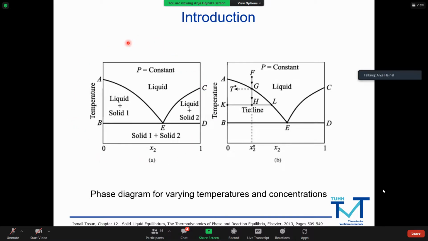Now, maybe I don't have an example here, but you should also know that this diagram does not have to be straight here, but can look somehow like this. So we can have this situation at both of our ends.